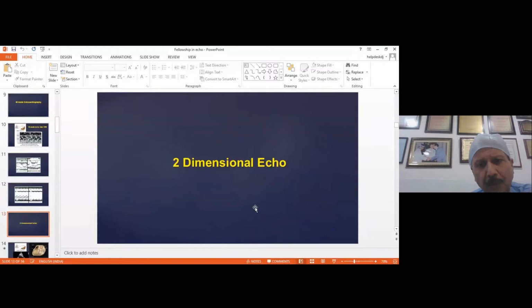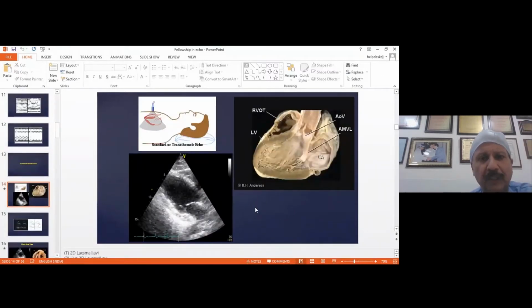So from M-mode, we developed two-dimensional echocardiography, and I'll just give you a very brief overview of it. In the actual figure, you're able to see the aortic valve, the left ventricular cavity, the LA, the right ventricular outflow tract.